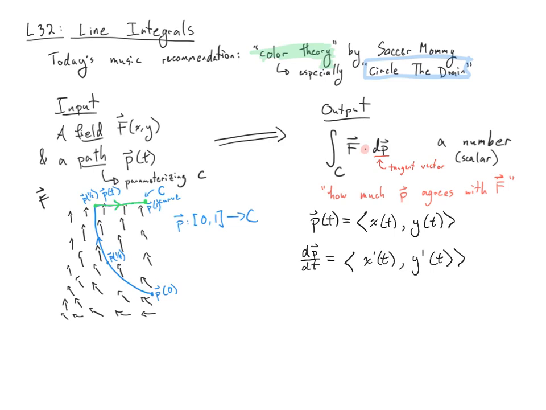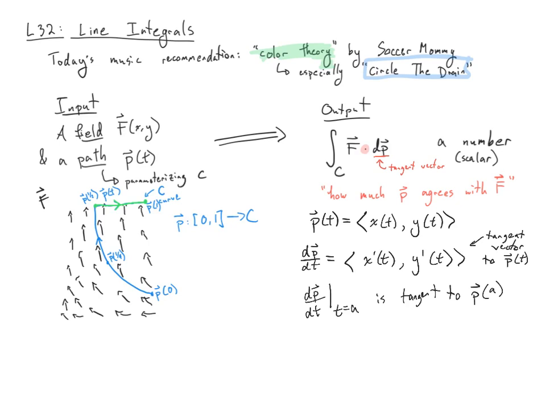And this would give you a tangent vector to the curve at the appropriate time. So another way to say that is that dp dt evaluated at, let's say, t equals a would be tangent to p at time a for some time a, right?